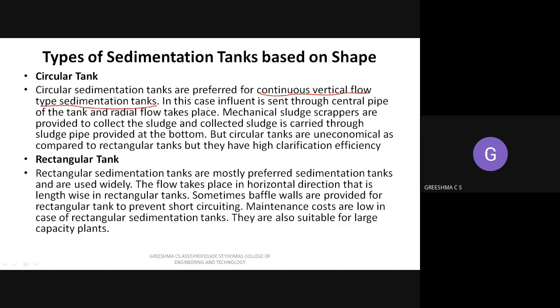In this case the influent is sent to the central pipe of the tank and radial flow takes place. Through the center the influent flows, and mechanical sludge scrapers are provided to collect the sludge, which is carried through a sludge pipe provided at the bottom.